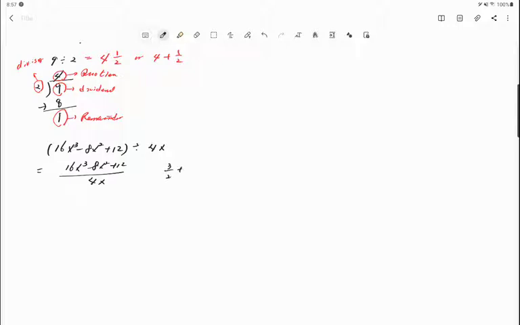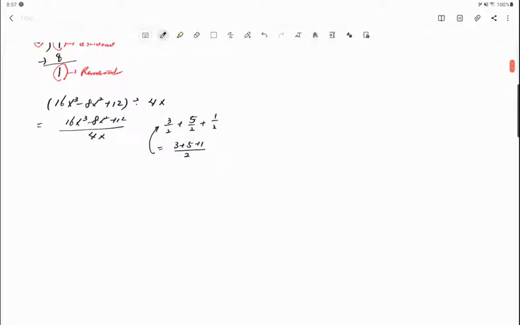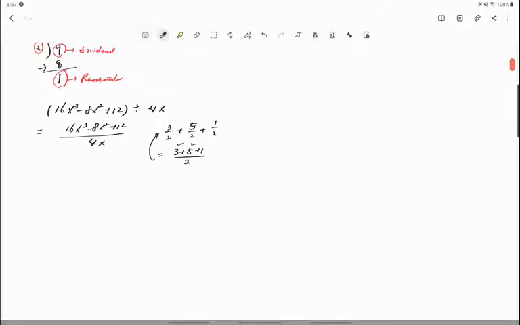3 halves plus, let's say 5 halves plus 1 half. Then how do you add this one? Since the denominator is the same, we can add the numerators, right? Add the numerators like this. So if you go backwards from here to here, you can separate each term in the numerator by the same denominator like this.